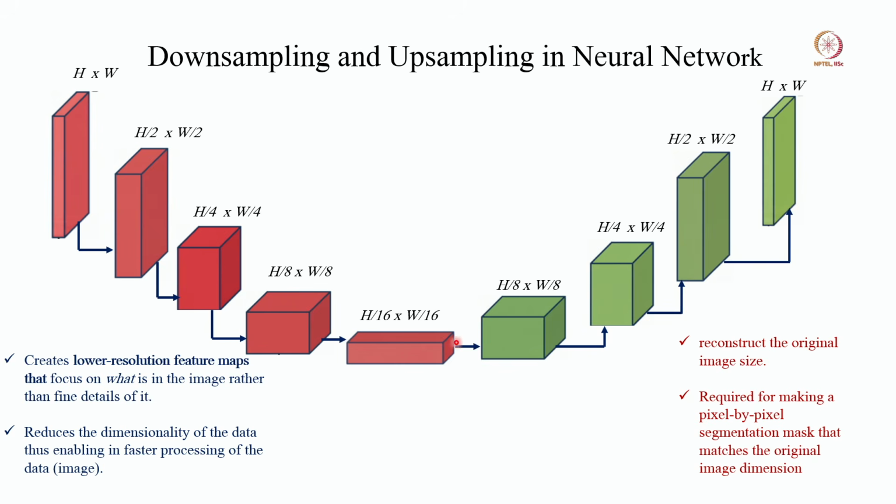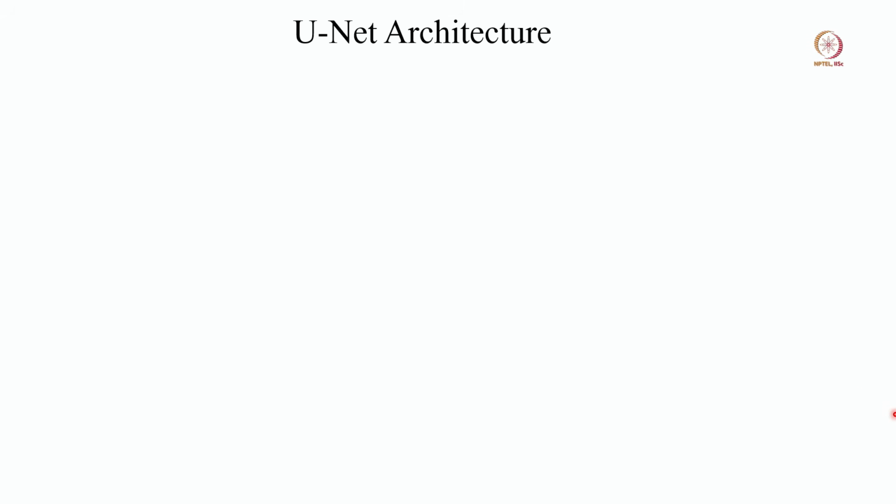When we are coming down in the downsampling path, we are reducing the size. So the final segmentation map of the image should have the same size as the initial image. That is the reason upsampling is required. Okay. Now we will come to the U-Net architecture and how it works.